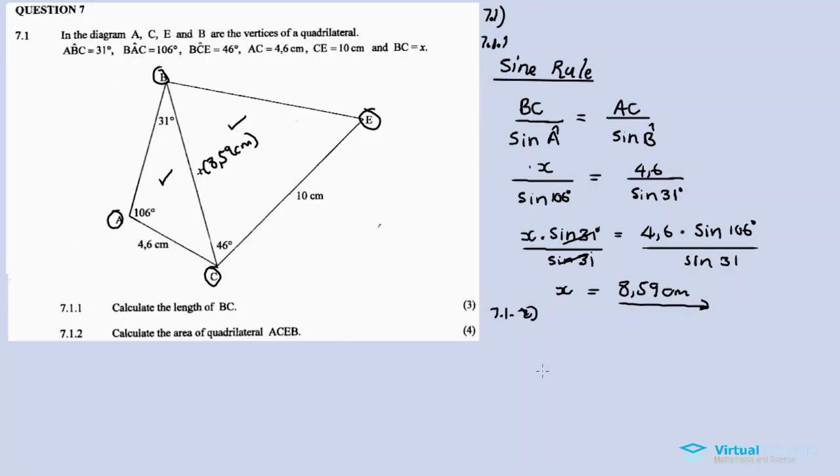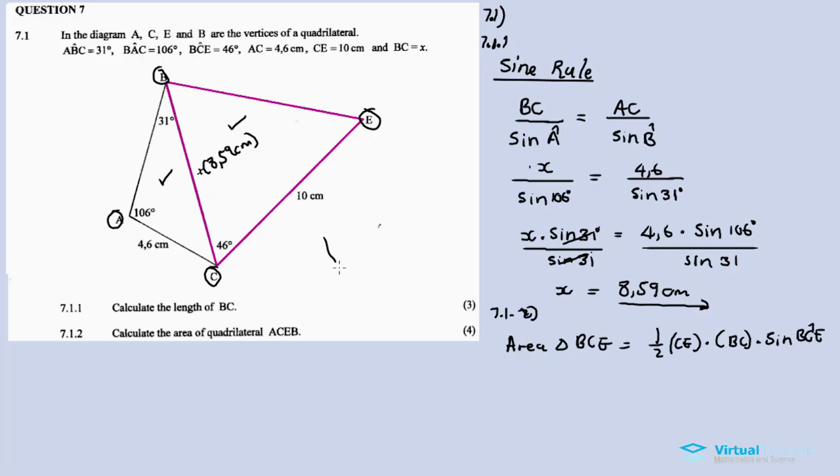Right, then let's start with this triangle. We use the area rule: area for triangle BCE is equal to half CE times BC times sine BCE.